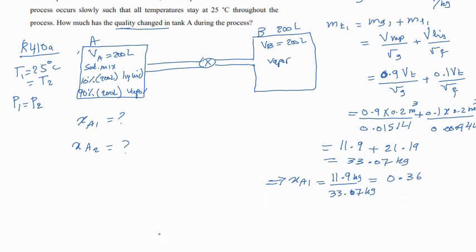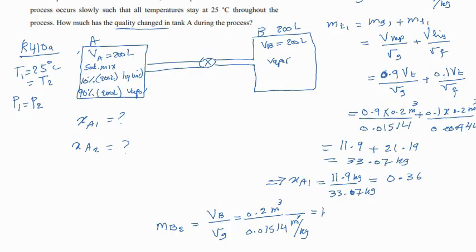We can say that the mass that has moved to tank B after the valve is open is the volume of tank B divided by the specific volume of the vapor state. Since it's only vapor, we already have this value as well. So this equals 0.2 meter cube divided by 0.01514 meter cube per kilogram.